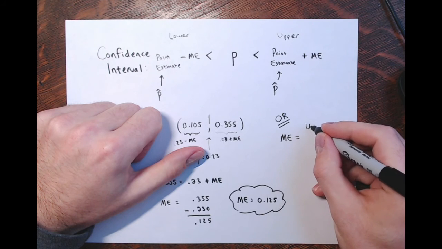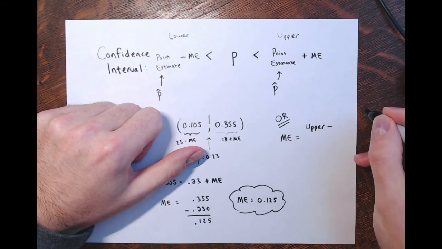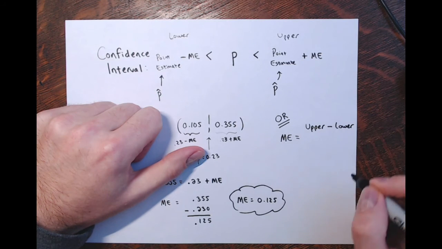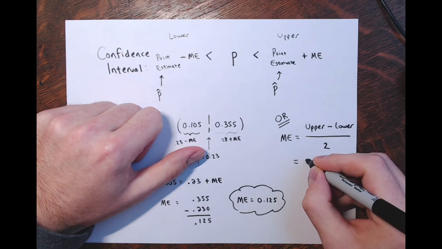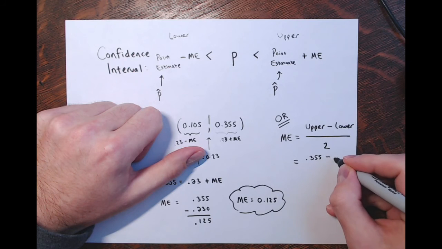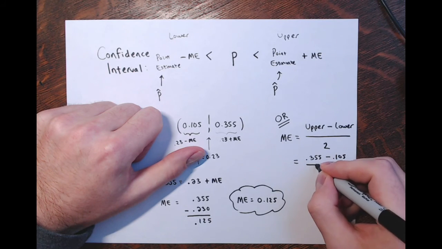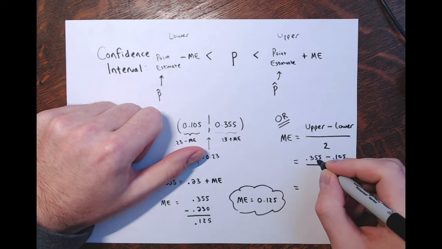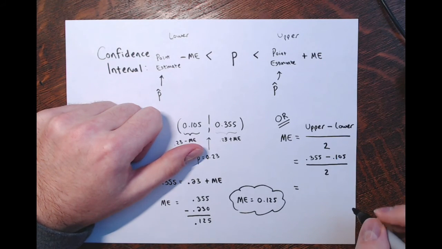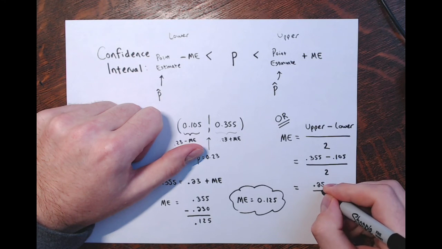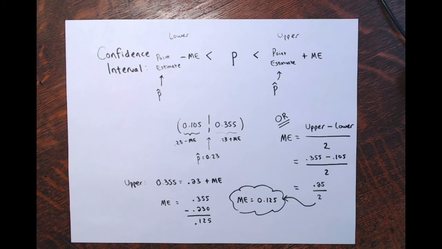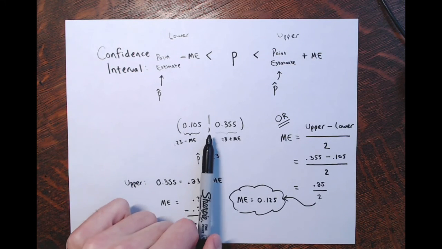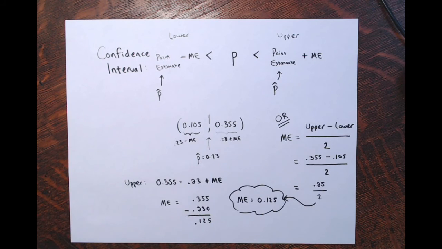So take the upper bound, subtract the lower bound, take the distance between them, and then cut that in half. Let's try that out here. What's 0.355 minus 0.105 cut in half? Well, 0.355 minus 0.105 would be 0.250, or just 0.25, and then cut in half would be 0.125. Exactly what I found earlier by taking the middle, the p hat, and seeing how far that was from the top or the bottom.